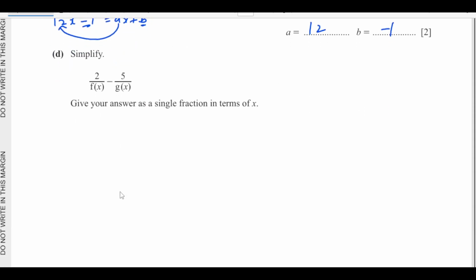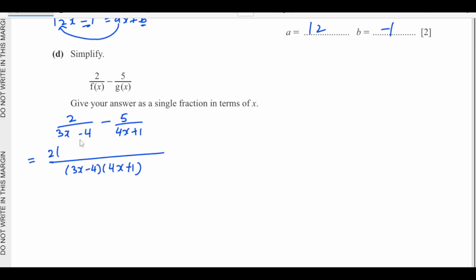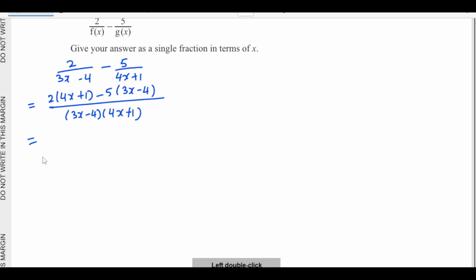Now simplify 2 over fx minus 5 over gx. fx is 3x minus 4 and gx is 4x plus 1. So we will take the LCM, which is 3x minus 4 and 4x plus 1. So now we will simplify here, 2 times 4x plus 1, then minus 5 into 3x minus 4, right? So then we will have 2 times 4x is 8x plus 2, just expanding the brackets.